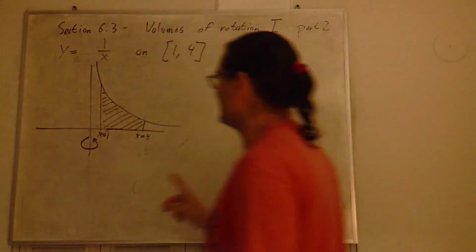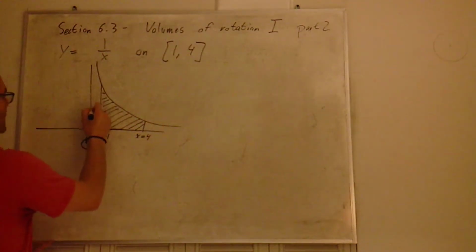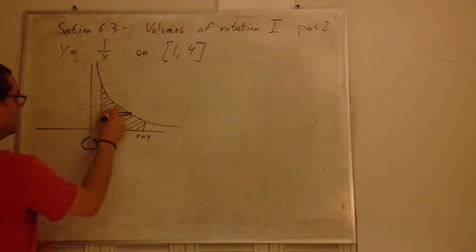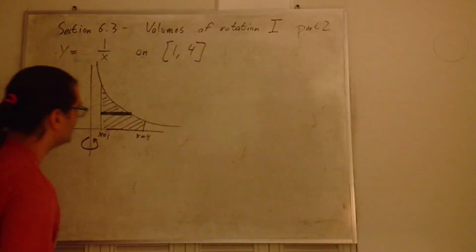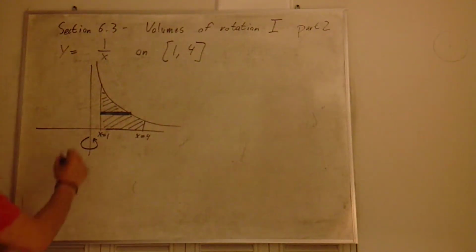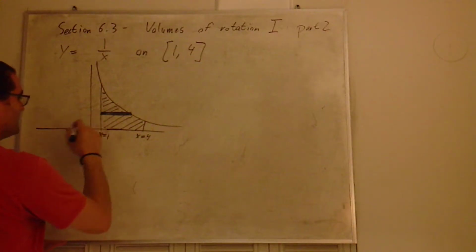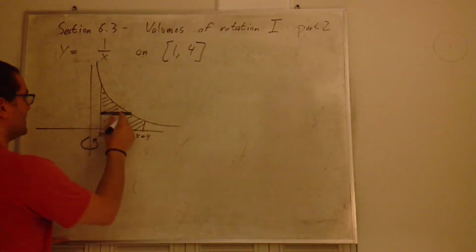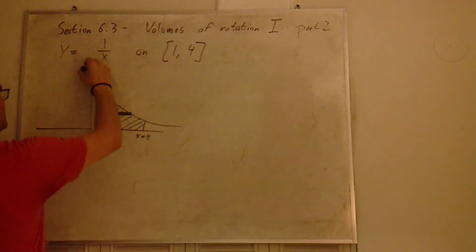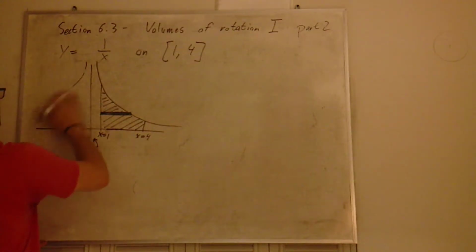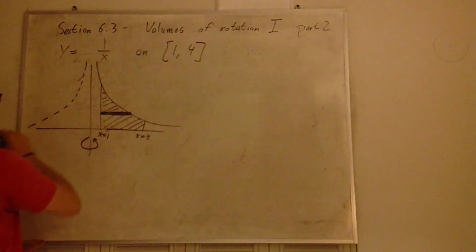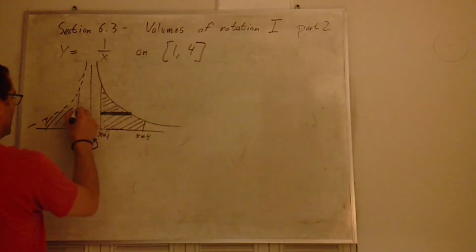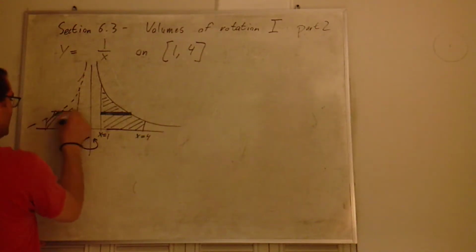If we want disks, we have to cut this thing horizontally. Which, if we're being honest, is not really going to give us disks. When we spin this shape around the axis, we're going to have a rectangle here, a rectangle here.